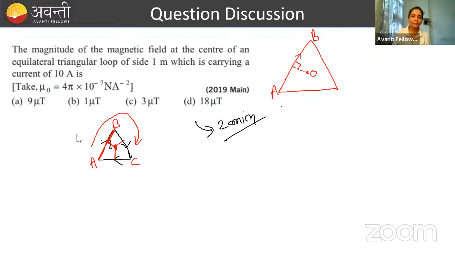Now to calculate the magnetic field because of AB at O, what will we do? We will join its 2 ends to the point O. If you join the 2 ends to the point O, it will look something like this. What will be this angle and what will be this angle?